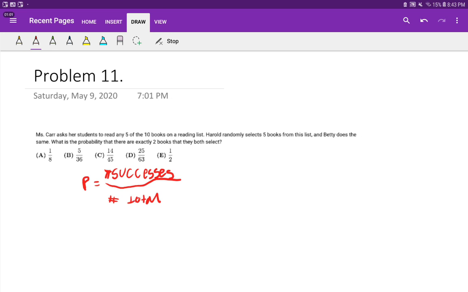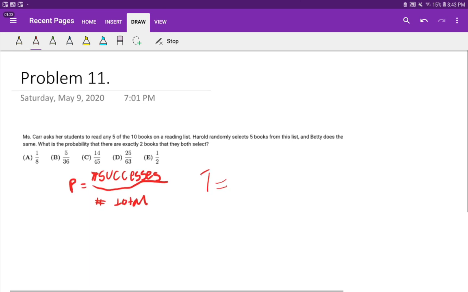Okay, so let's first count the number of total ways. So total should be equal to the number of ways Harold chooses a book and the number of ways Betty chooses a book, because they are both independent events, and as such we can use the multiplication law of probability.